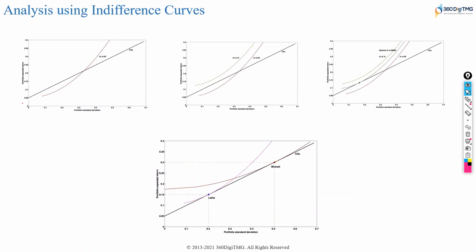So back to our capital allocation line example, right? Here, if this is a capital allocation line, and since Lee was investing in the government bonds, Lee is considered to be not so greedy about getting money.